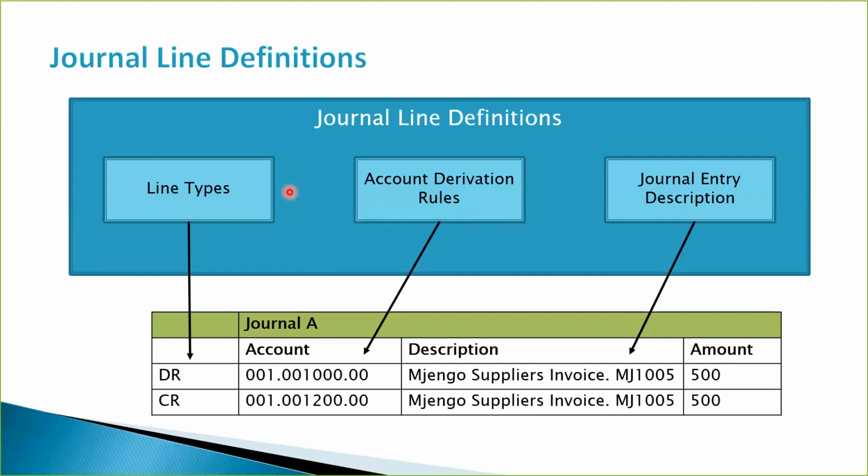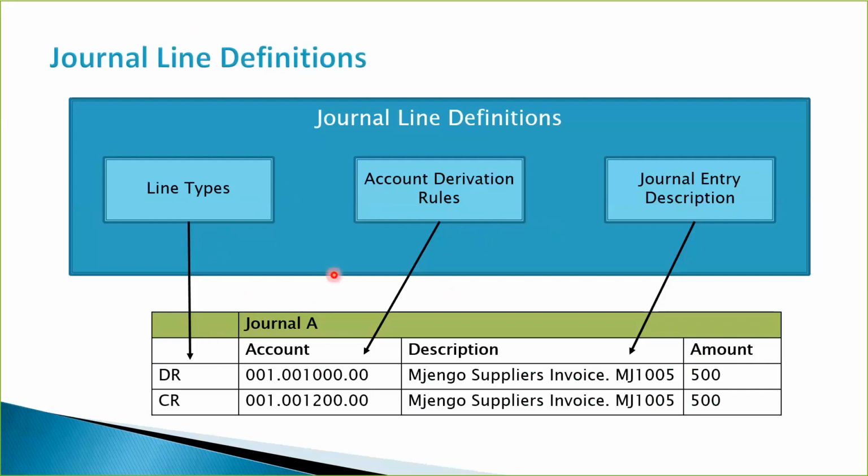And we said that line type determines, among other things, the side of the line, which means is it a debit or credit line, or the level of summarization. It also determines the balance type, is it actual or budget? We are going to talk about those in detail because this is what this session is about.